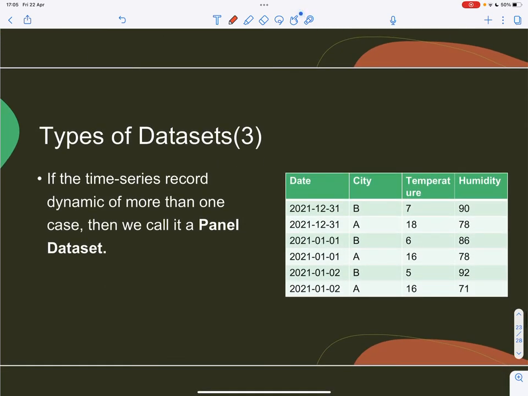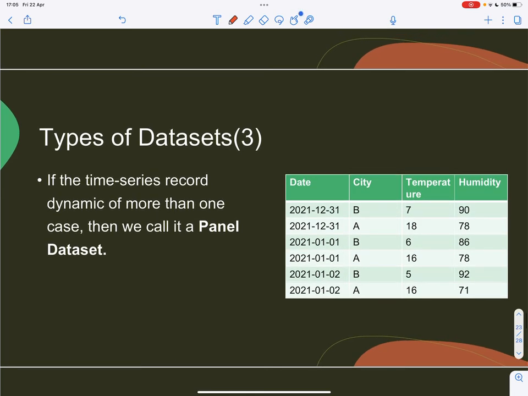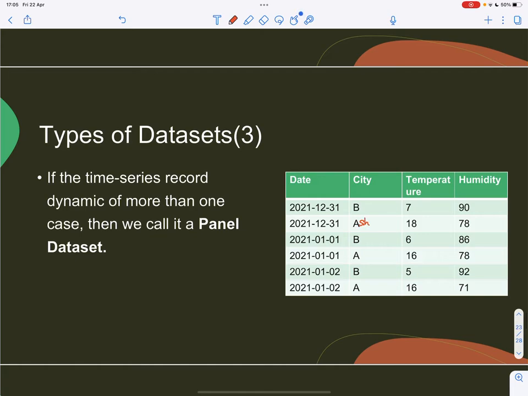What if I measure not only the temperature and humidity of Birmingham, but also another city, let's say Ashford? Let's say that this is Ashford in Kent, southeast, and this is Birmingham.